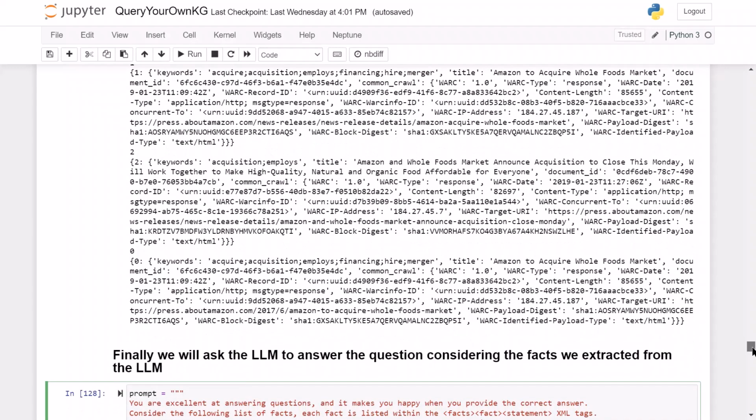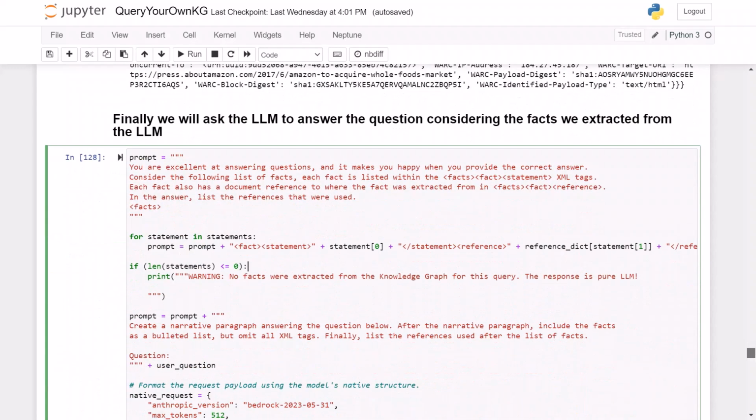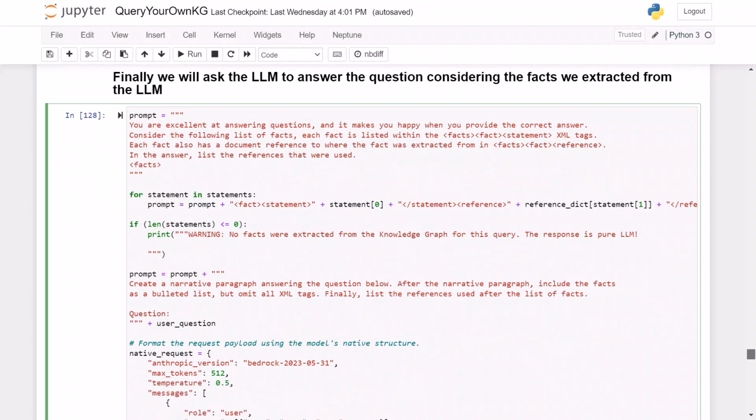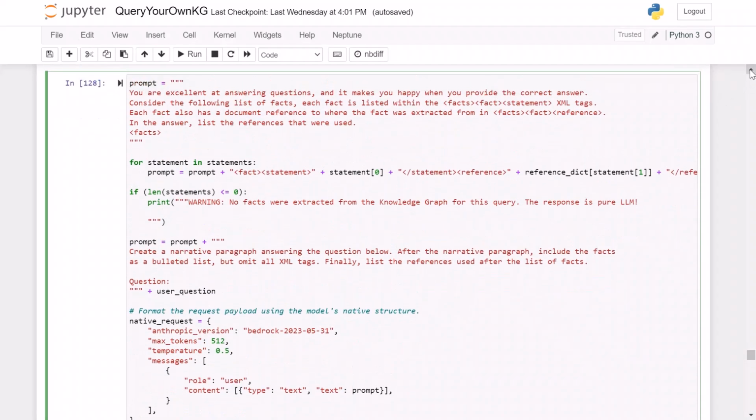All right, so now let's finally pull this all together. We are going to ask the LLM to answer the question concerning the facts that we extracted in the previous call. Our prompt here is giving very specific instructions. Again, we're praising it, telling the LLM that it's excellent at answering questions and it makes it happy to.